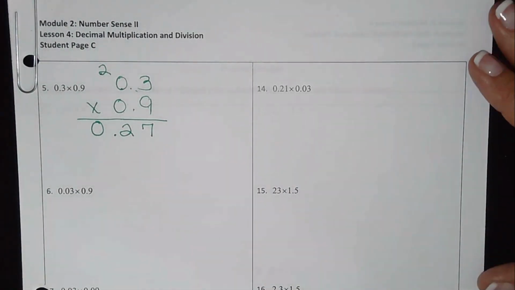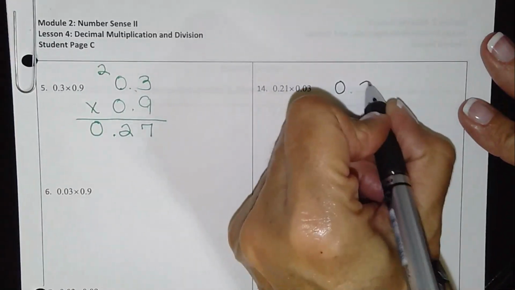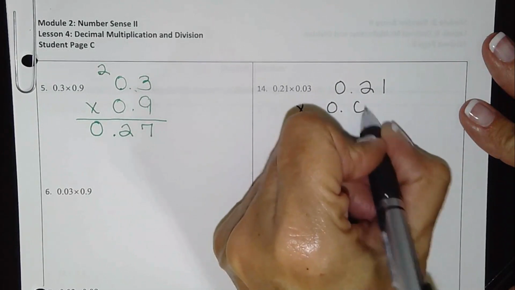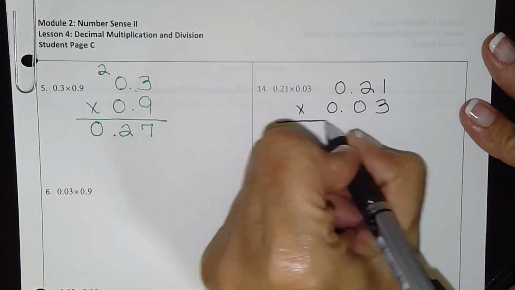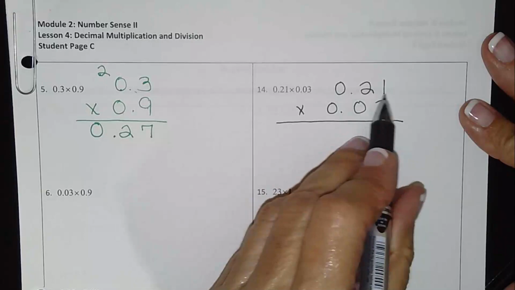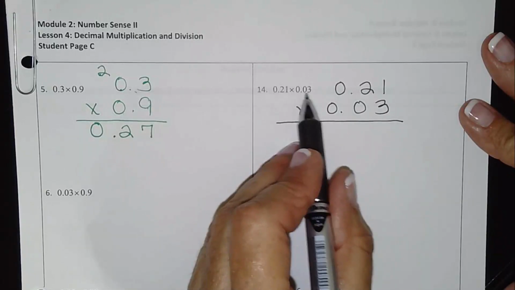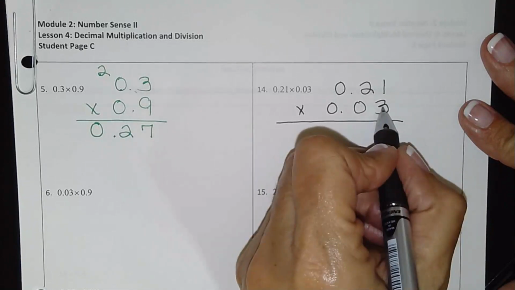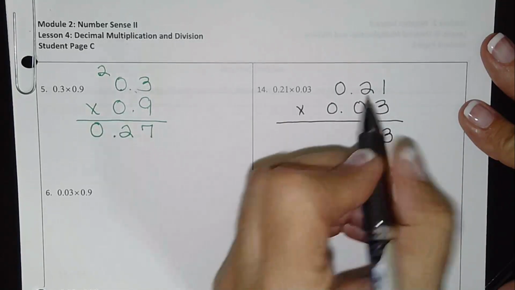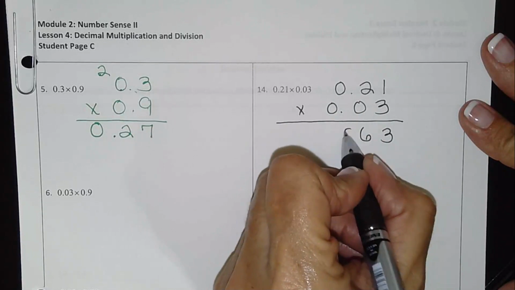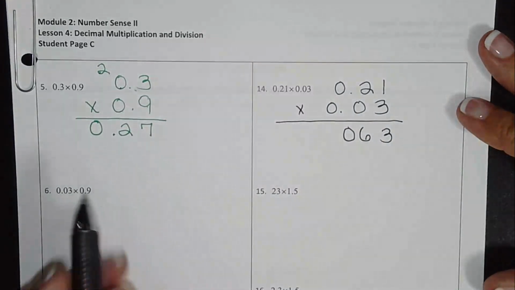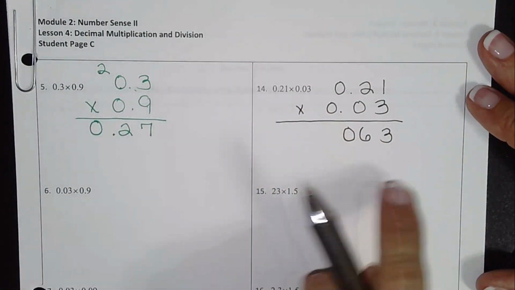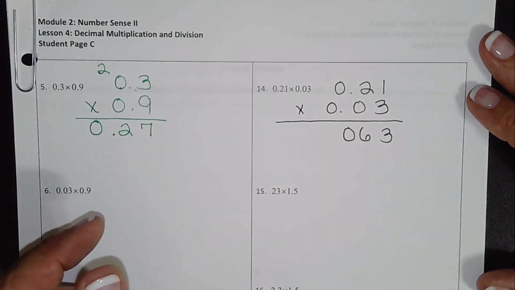So next we have 0.21 times 0.03. 0.21 times 0.03. So 3 times 1 is 3. 3 times 2 is 6. 3 times 0 is 0. And then all those other zeros can be forgotten because they're just going to give us rows and rows of zeros.